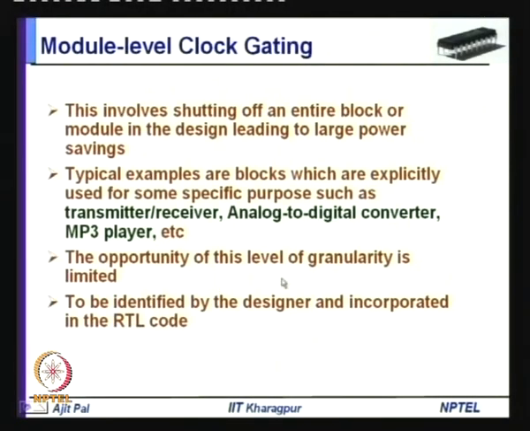So, the opportunity of this level of granularity is limited, but although it is limited, it can be used in many applications. Whenever you are using module level clock gating, when a particular module or submodule can be turned off or turned on has to be decided by the designer.